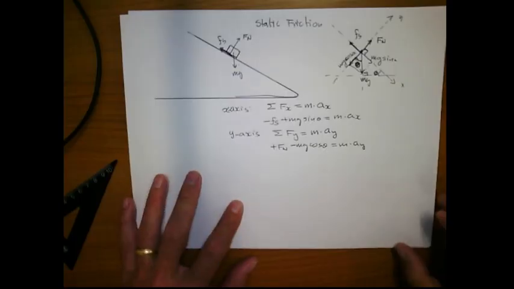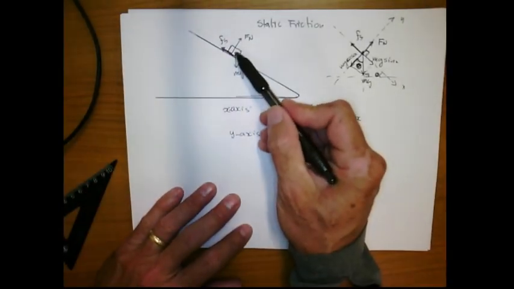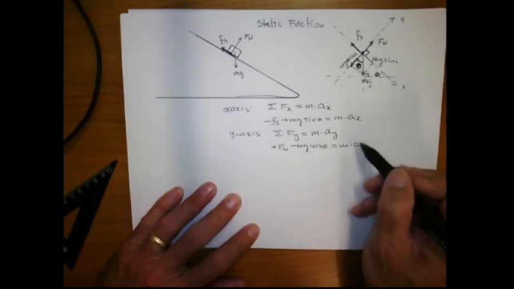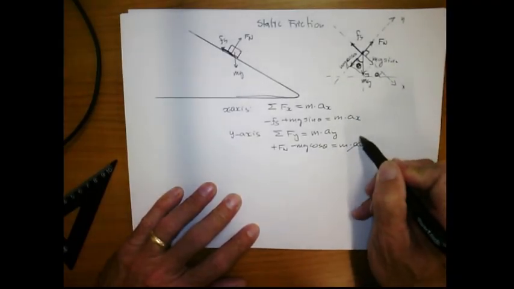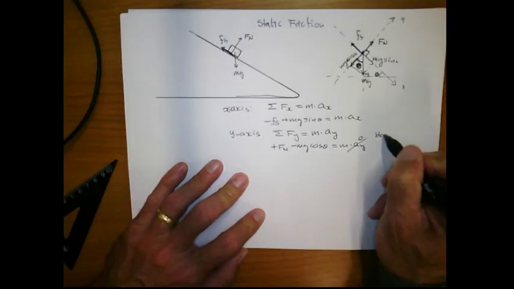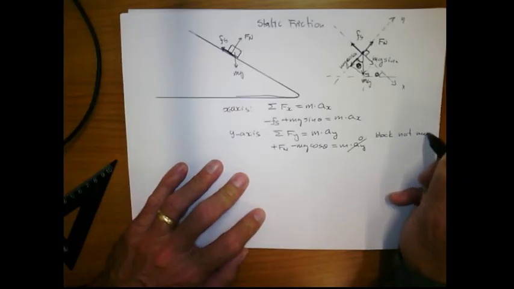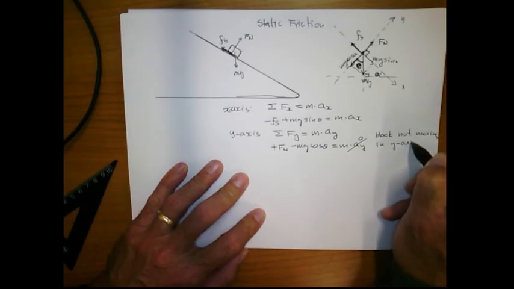Now, because the block is not getting into the surface, there is no acceleration along the y-axis, so this is always 0. Block not moving in the y-axis.